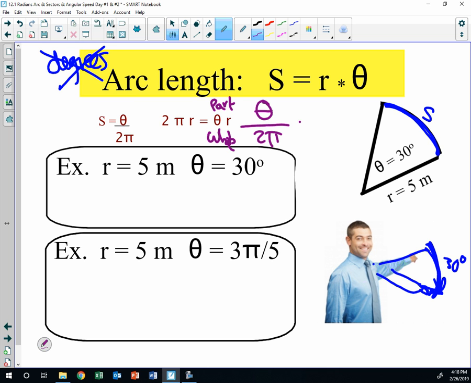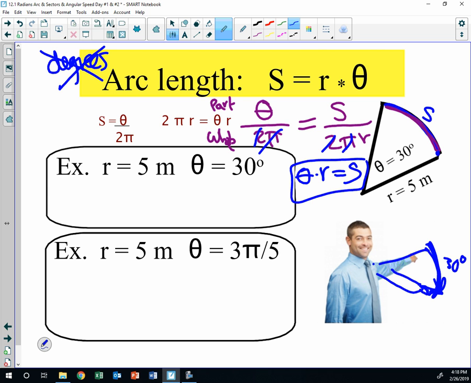We're going to set that equal to another ratio, which is the ratio of the length on the circle, the arc length, which is part of the arc length of the circle. And then if we go all the way around the circle, it'll be 2 pi r. Well, that cancels out nicely, the pi's and the 2's, and you're left with theta times r equal to s. And that is the arc length equation that we were trying to find.